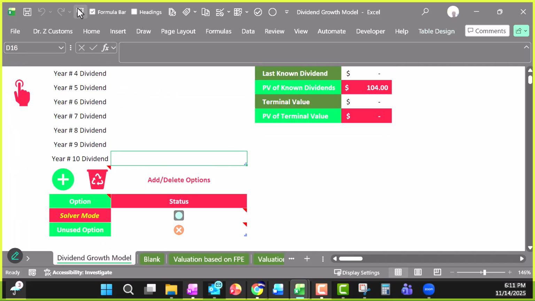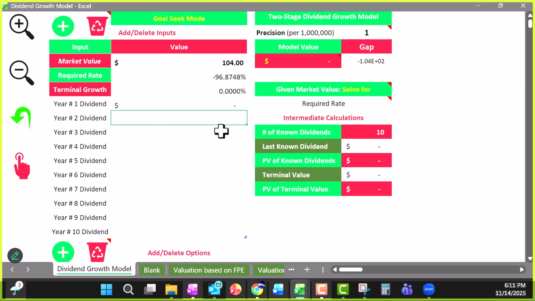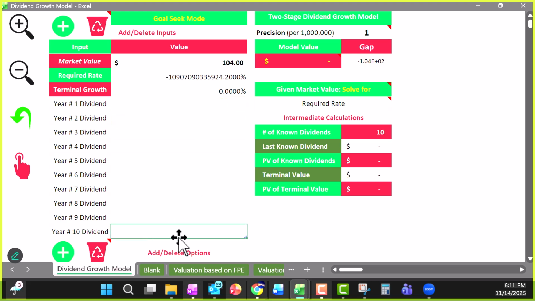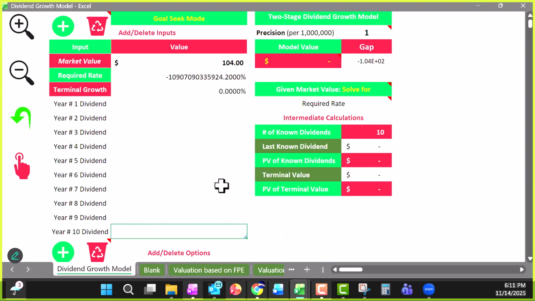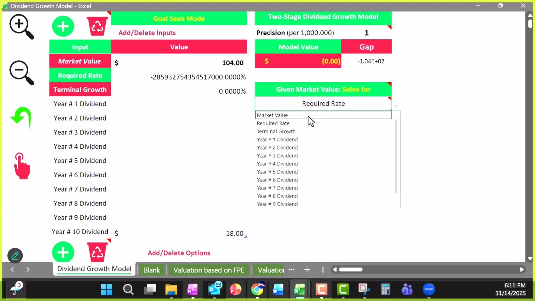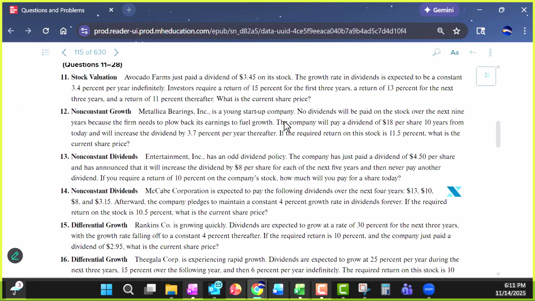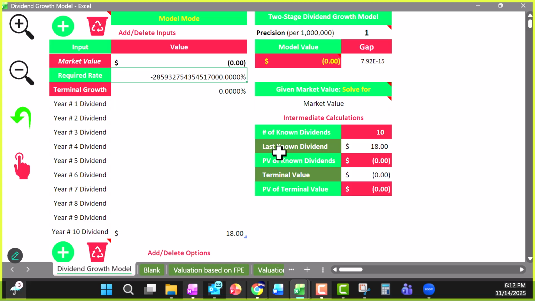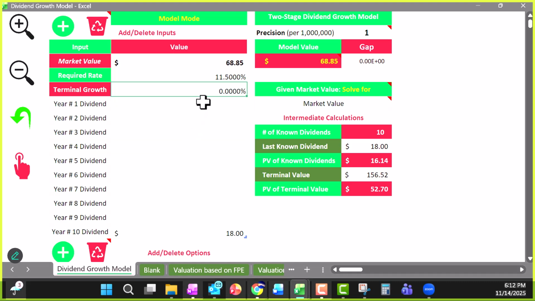Let me make this full screen so that I get more real estate. But actually, the first 9 years, it's nothing, okay? And then it's going to pay 18. Oh, by the way, my unknown is the market value, okay? And required rate of return is 11.5. And the growth rate after that is 3.7.